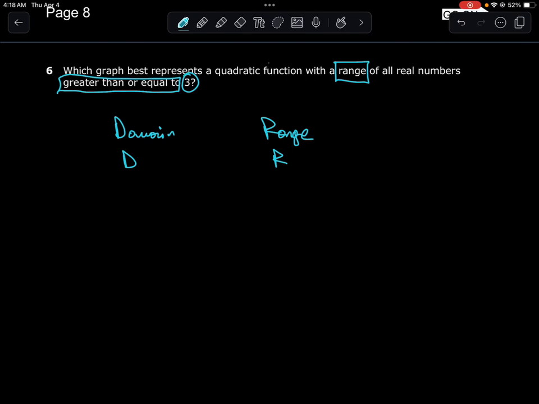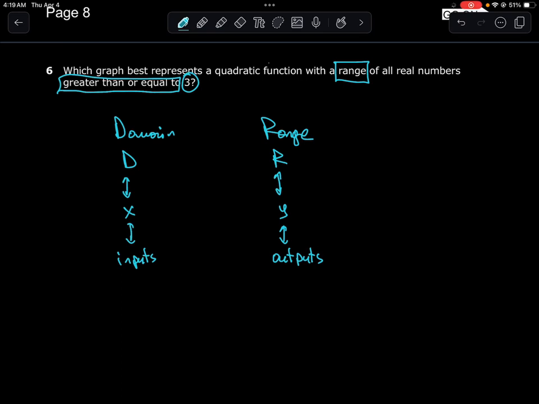I have to remember that domain goes with x, that's the set of all inputs, and range goes with y, that's the set of all outputs. Here are the inputs, and here are all the outputs. Alright, how do I remember that D goes with x, R goes with y, and that x is the input and y is the output?